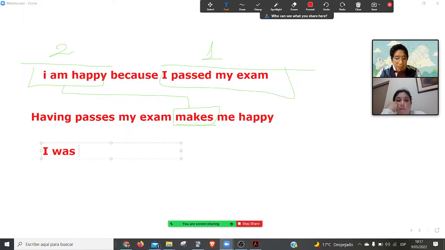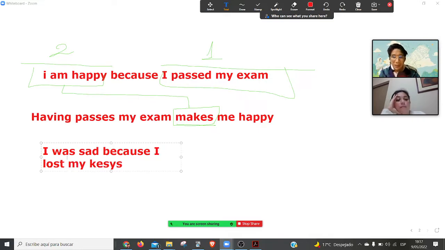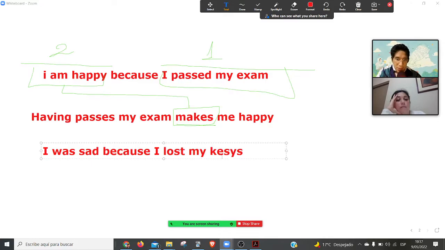What about this part? I was sad because I lost my keys. I want you to tell me the answer. Losing my keys. Are you sure? Look at the first one.